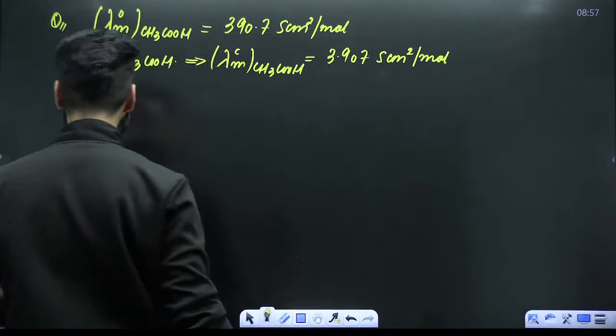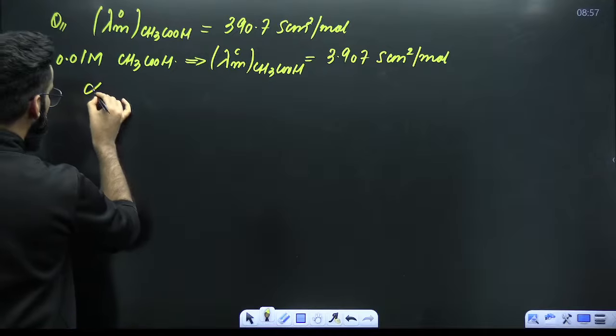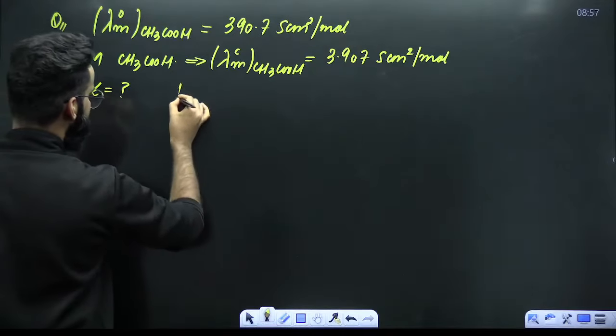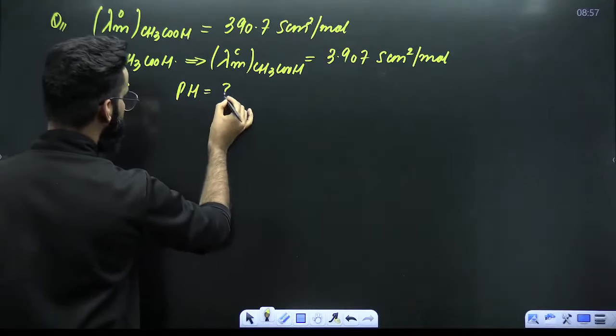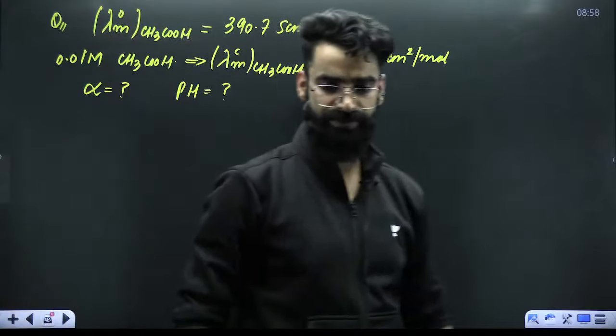What am I supposed to calculate? I'm supposed to calculate degree of dissociation of CH3COOH, and at the same time, I'm supposed to calculate pH of the solution. These are the two things which I'm supposed to calculate.